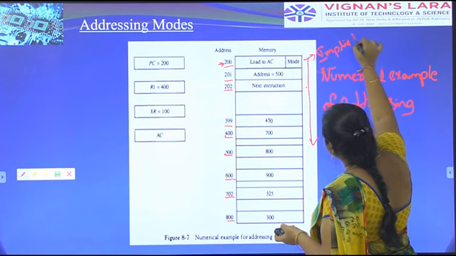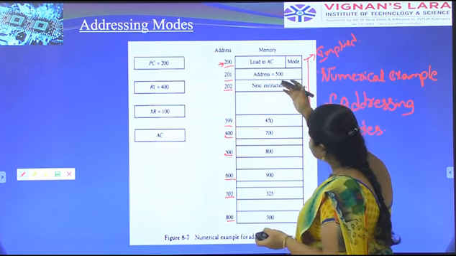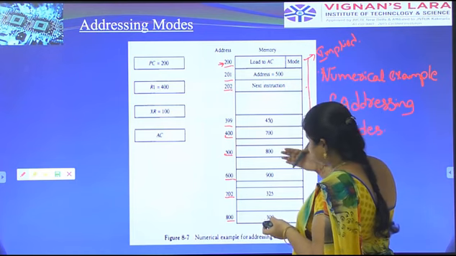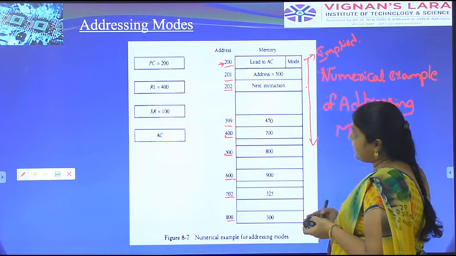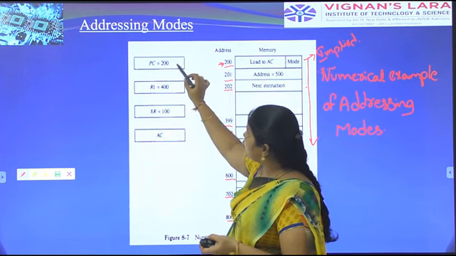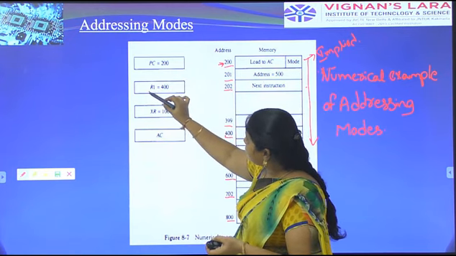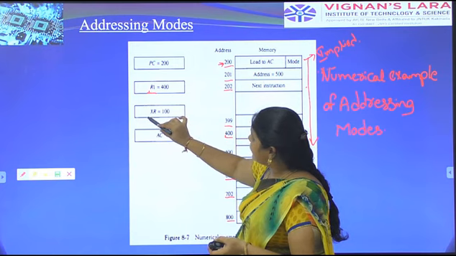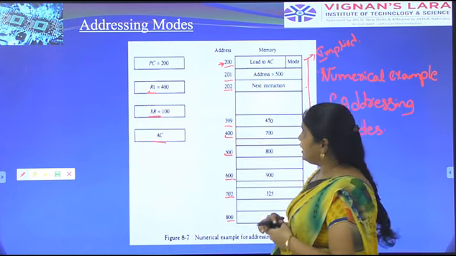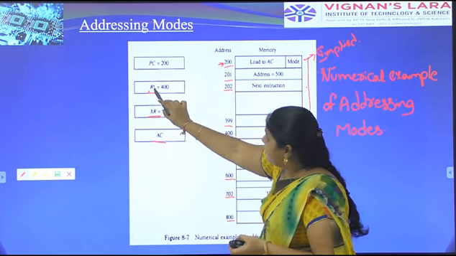implied addressing mode. Likewise, for every addressing mode we have to implement this numerical addressing mode. Here we have to take some registers, such as the program counter, and one exclusive register, the accumulator. This is a register indirect.